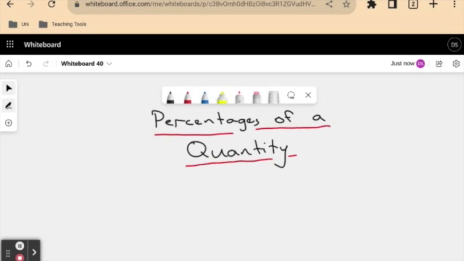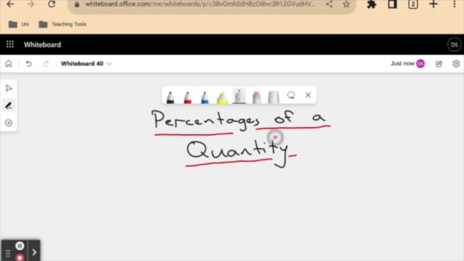The first one is going to be an easier one, because just by the name, this should be relatively familiar to you if you've done year 7 fractions. Now, if you haven't, I have a few videos in my year 7 fractions playlist, but the title of this topic is percentages of a quantity.